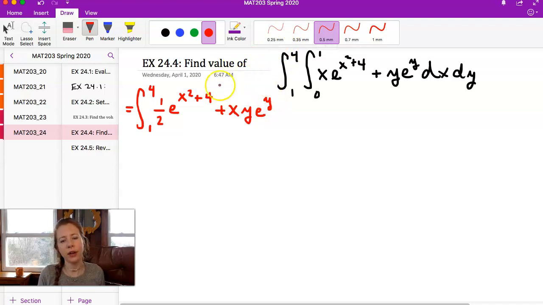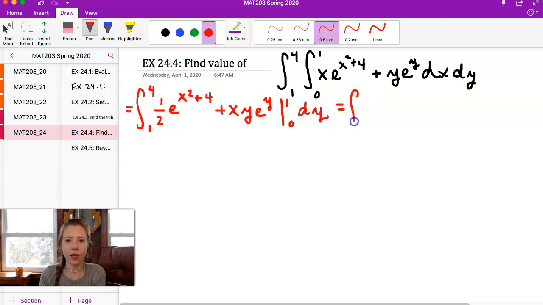All right, because remember, dealing with powers here, we're going to end up dividing by 1/2 x. Okay, so then the x's cancel, and we end up with 1/2 e to the x squared plus 4 plus xy e to the y. We're going to evaluate from 0 to 1, and we still have our dy left over.